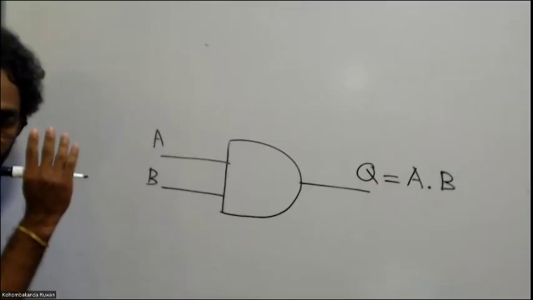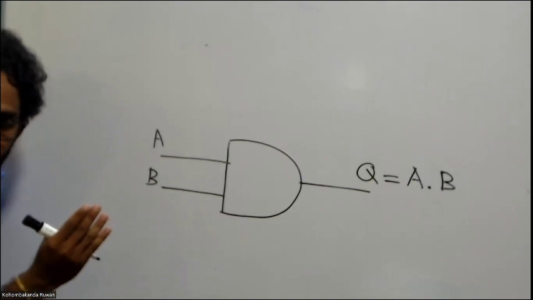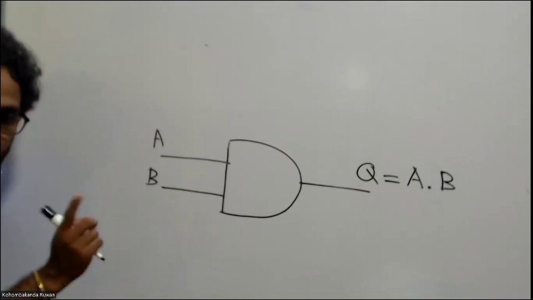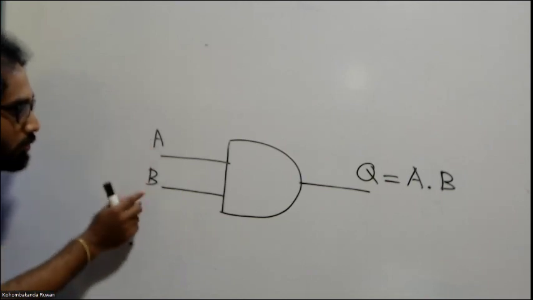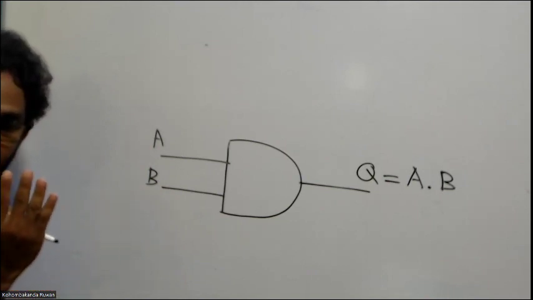We had 4 states. Can you remember? We had four rows, didn't we? Yes, sir. 1, 0, 0; 1, 0, 0; 1, 1, 1. All right. That means if we have 2 inputs, definitely we have 4 states, right?